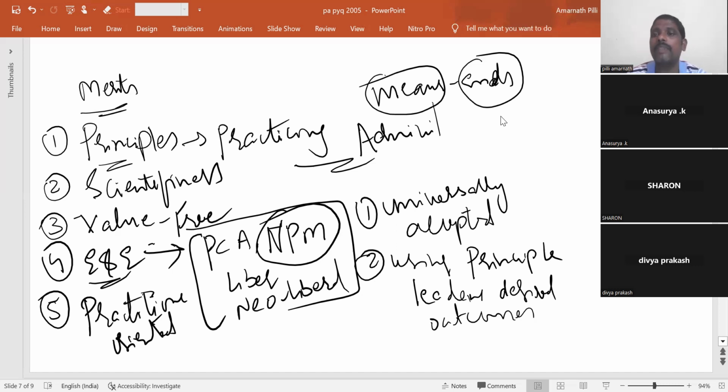So these principles lack universal applicability, because they were brought by having a limited understanding of the organization.